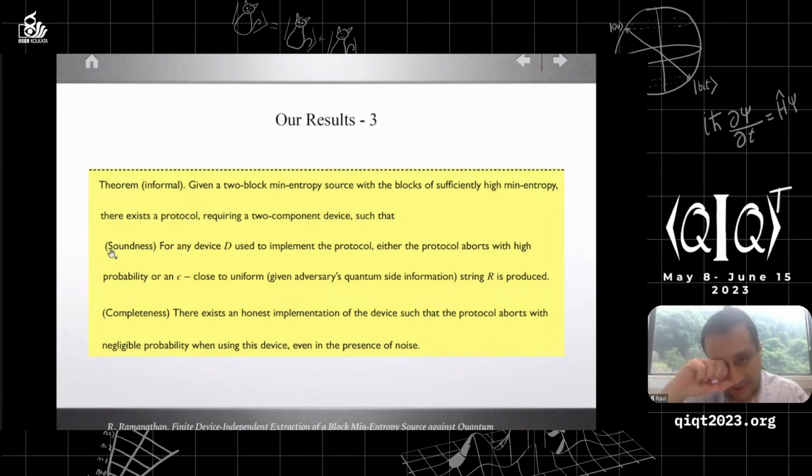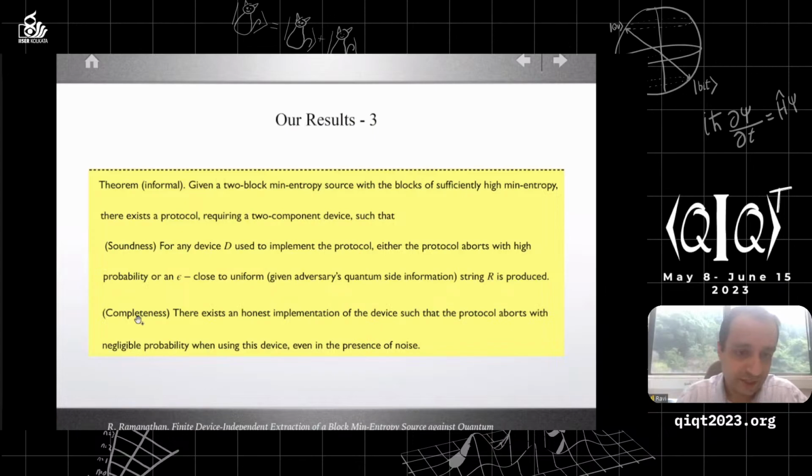Soundness means that if the device does not abort, which means either the protocol aborts with high probability, or if the protocol does not abort, an epsilon-close to uniform string R is produced. That is the security you can achieve if the protocol does not abort. On the other hand, you have the completeness condition. The completeness condition says that there is an honest implementation of the device such that the protocol aborts with negligible probability.